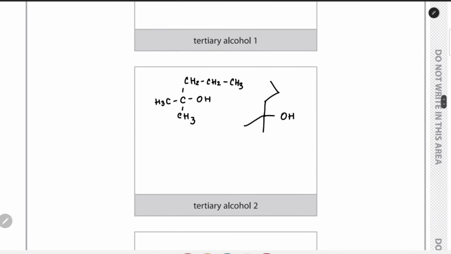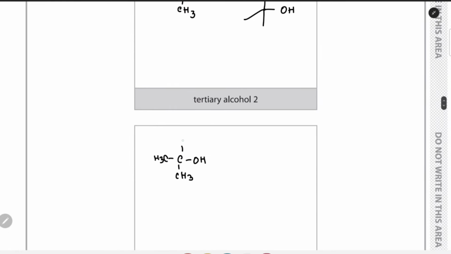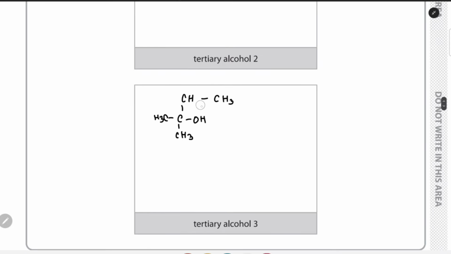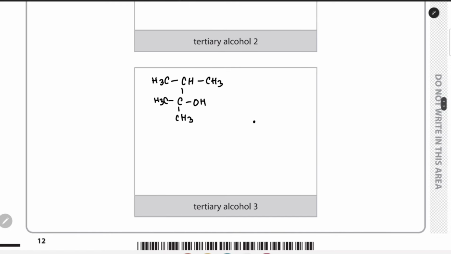And in part of the CH3, C3H7, I can have CH2, and then I can have a CH over here. I can have a CH3 on this side and another CH3 on this side. The skeletal formula will have a carbon over here, an OH over here, a CH3 over here, another CH3 over here, a CH over here, and 2 different methyl groups CH3 over there.